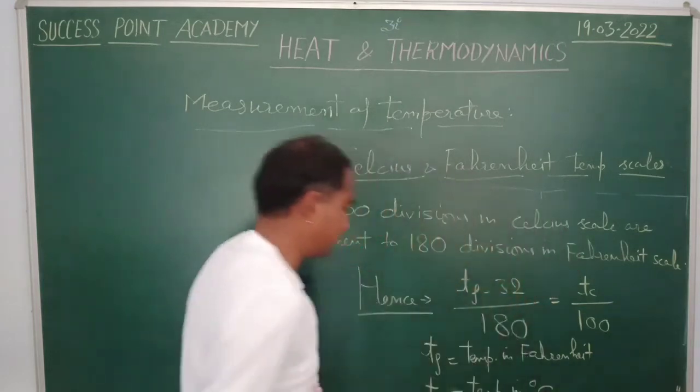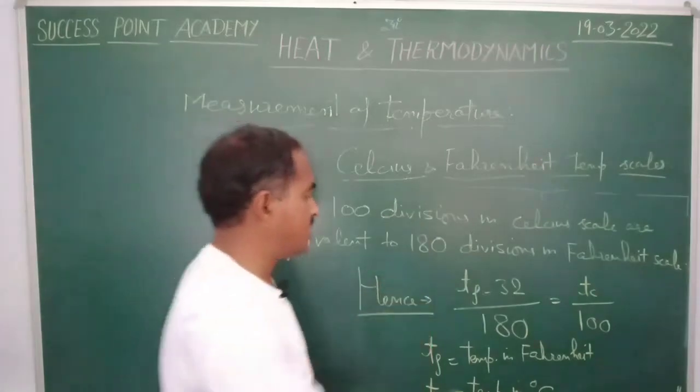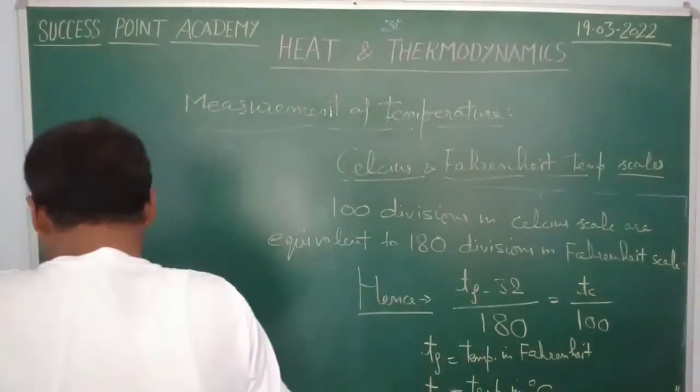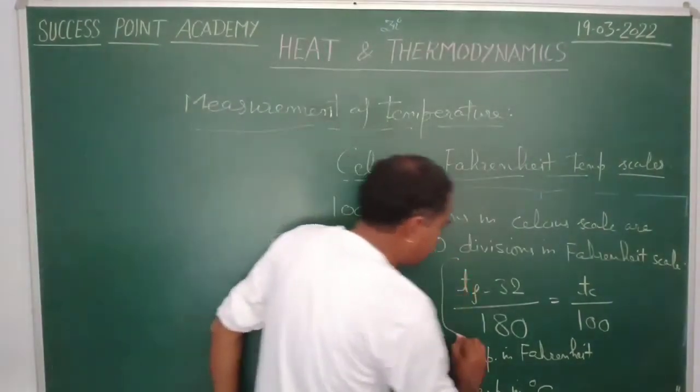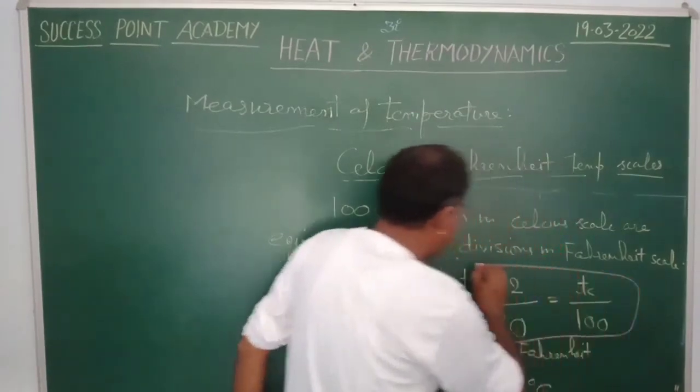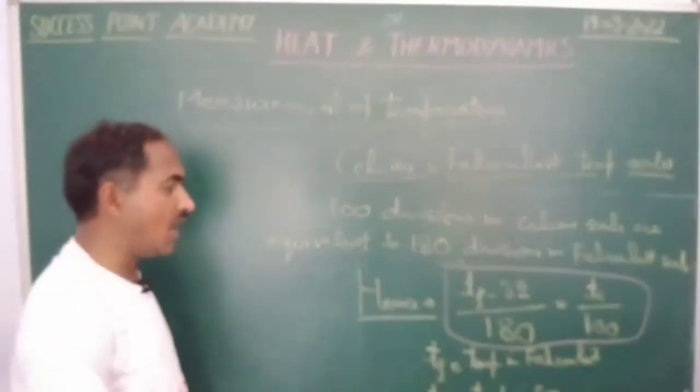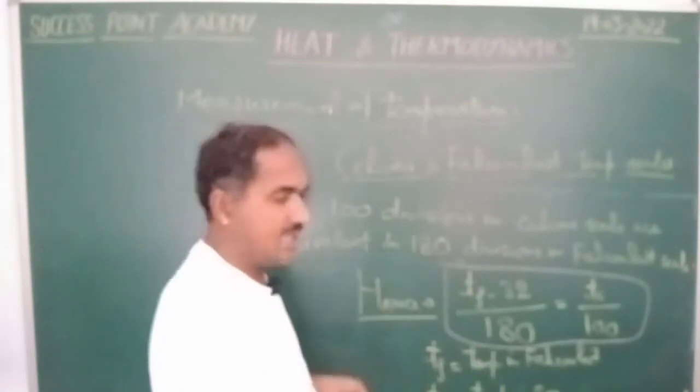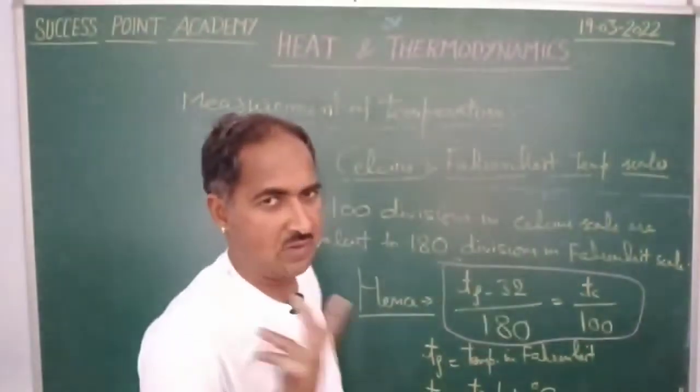From here you get 180 plus 32 is 212, the value which we wrote earlier while comparing. So this is the relationship, remember this. This is the relationship which is very important to solve basic questions related to this concept.